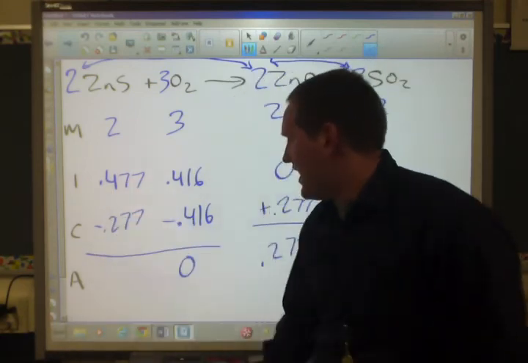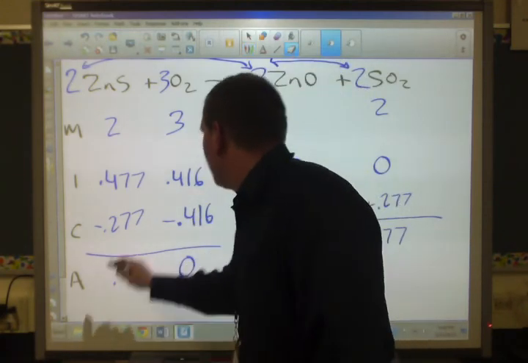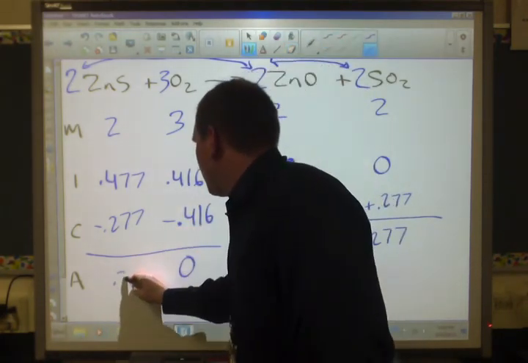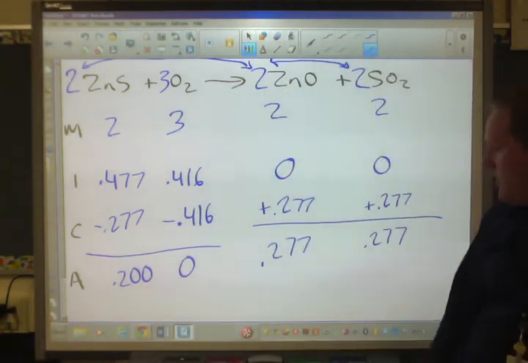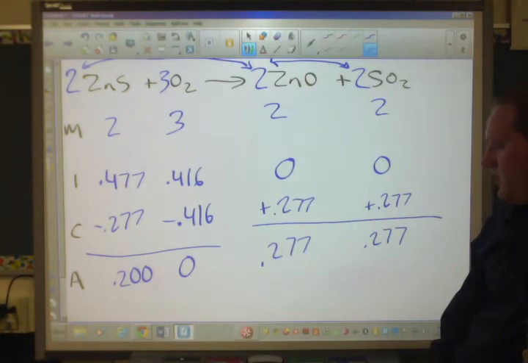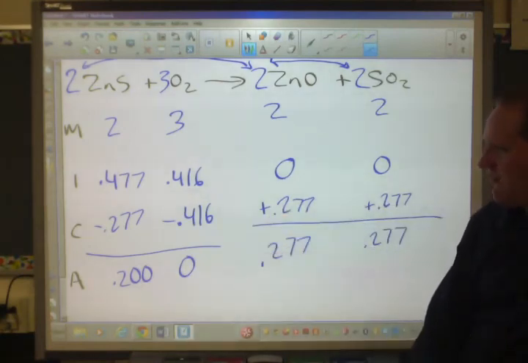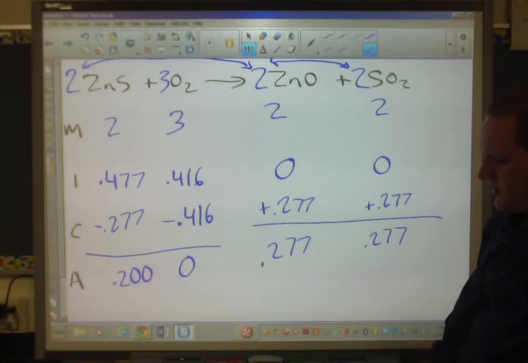So this minus that, pretty clean number, not negative, 0.200. And now my ICA table is complete. So I'm going to completely run out of oxygen. I'm going to have almost half of my zinc sulfide left over.